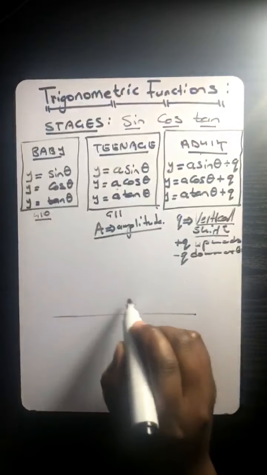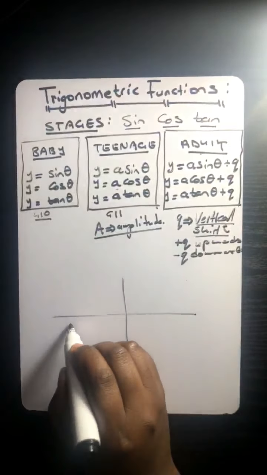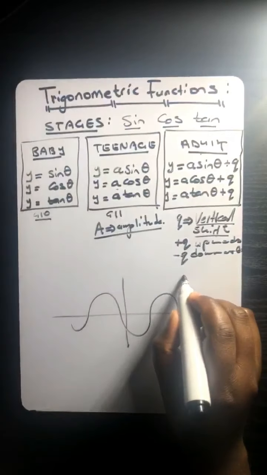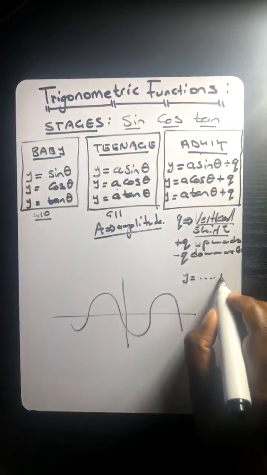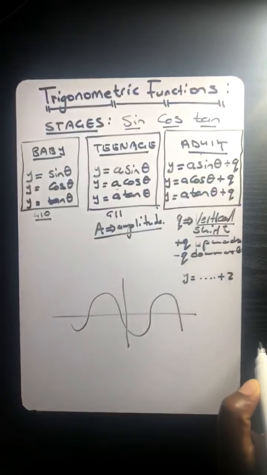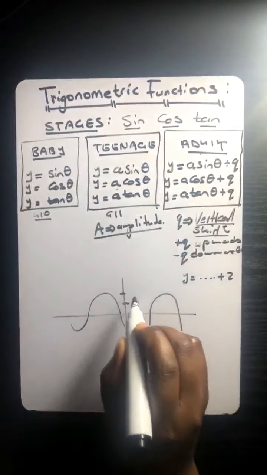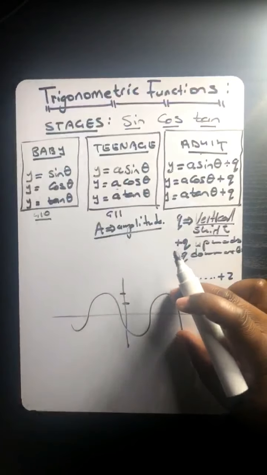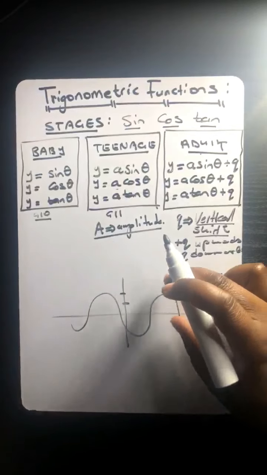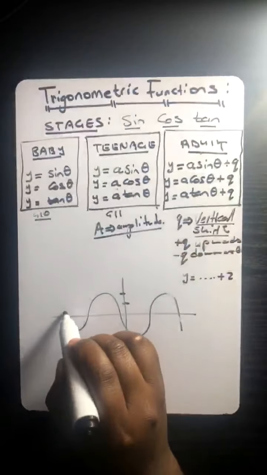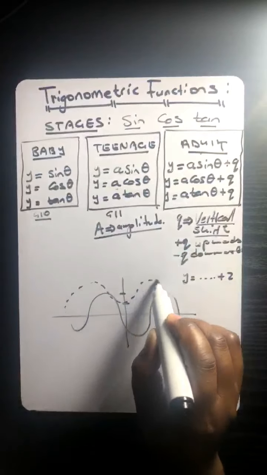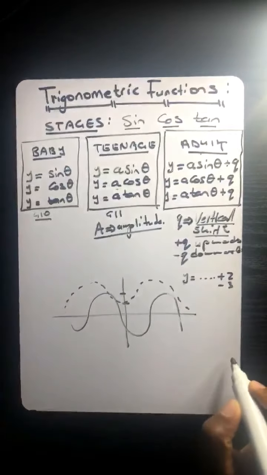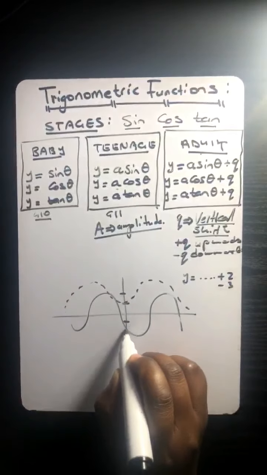For example, on a Cartesian plane, if y equals something plus 2, it has been shifted 2 units upwards, which means you take the whole function and shift it 1, 2 units upwards. Or if it's minus 3, then it shifts down by 1, 2, 3.